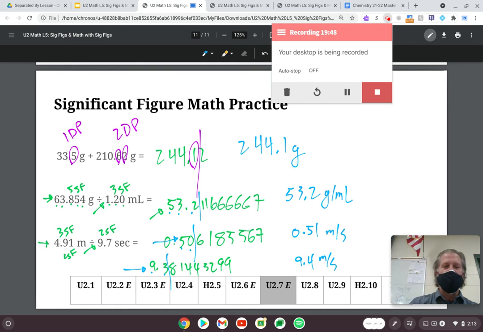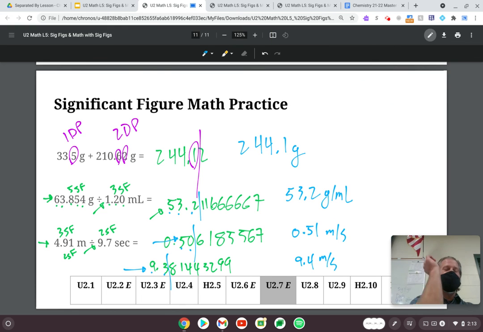In the case of 63.854 grams divided by 1.20 milliliters, because it's division, the answer reported is based on significant figures. So I put that in the calculator and I got 53.211666667.